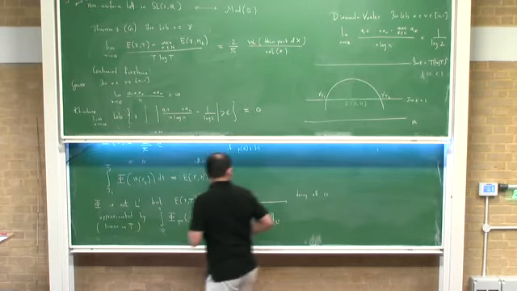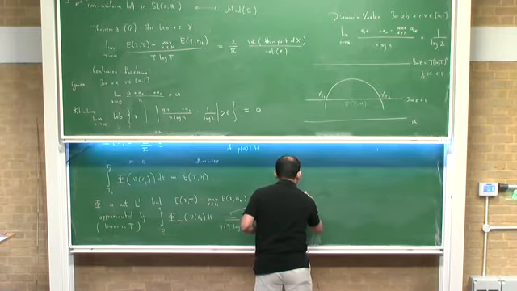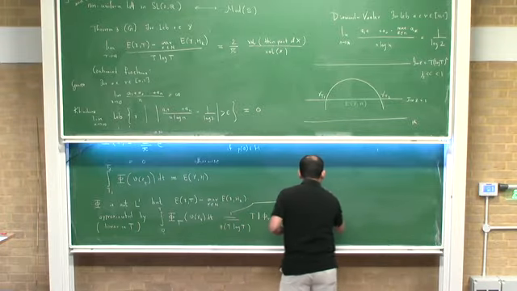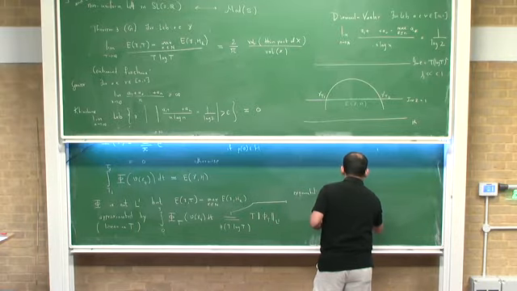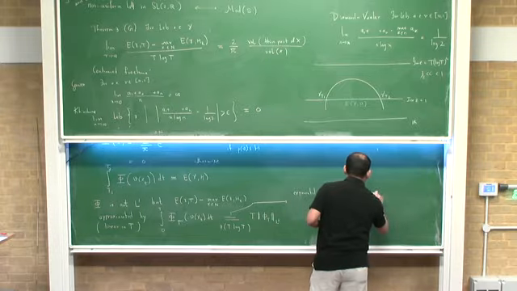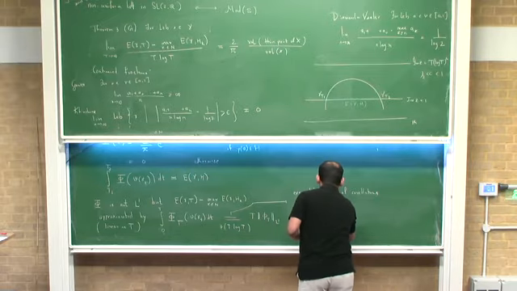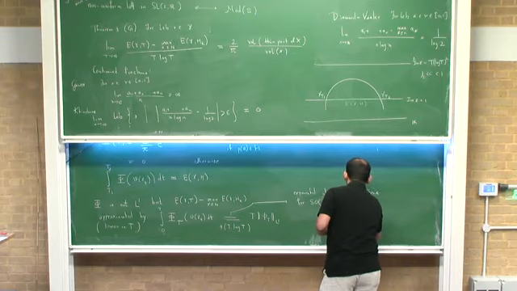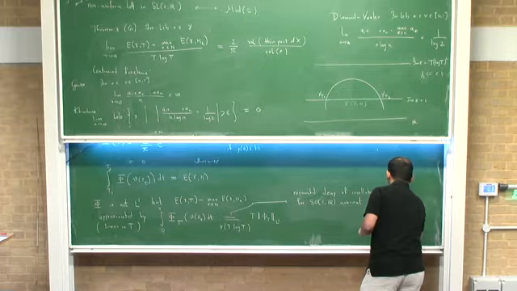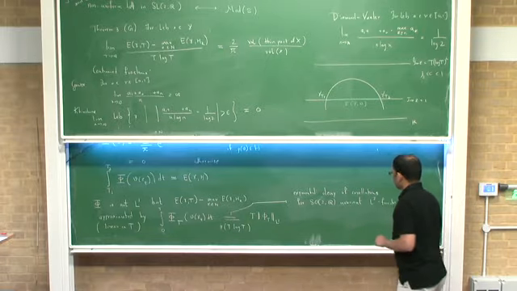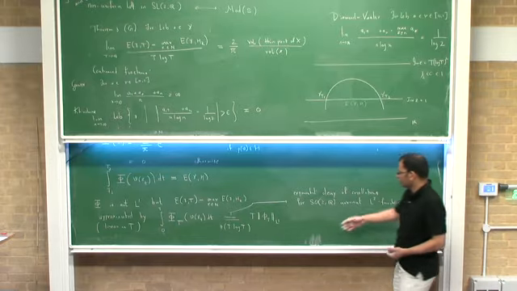We need exponential decay of correlations for SO2 invariant L2 functions.